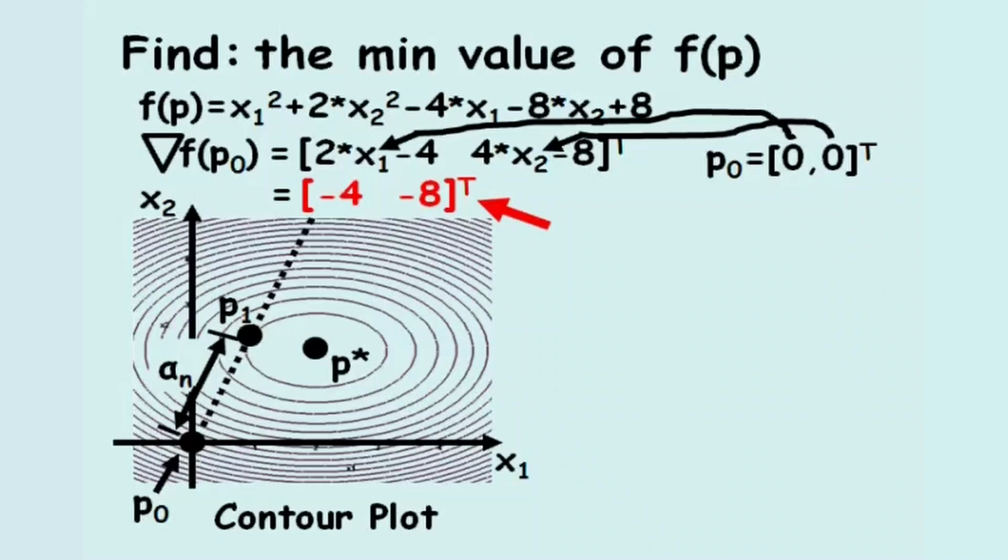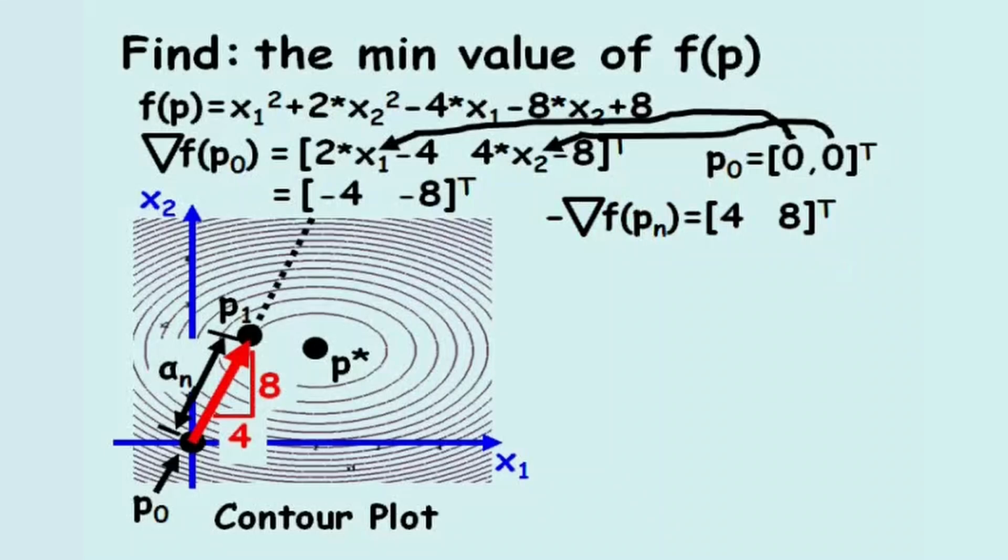Therefore, we'll want to move from point p0 in the direction of the negative gradient 4, 8. In the search algorithm, the vector 4, 8 means we will traverse 8 units in the x2 direction for every 4 units in the x1 direction from our initial point p0 to our second point p1.